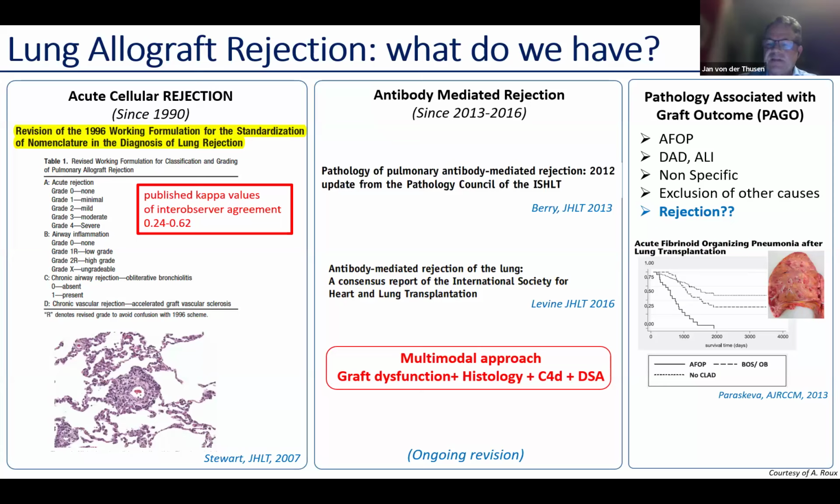And there are other features which may actually also play a role in a patient's likelihood of rejection. So that could be things like acute fibrinous and organizing pneumonia or a diffuse alveolar damage that we see in the specimen, and which may in turn in the future lead to rejection of the organ. That's something that has not been fully crystallized yet, and certainly isn't really in the guidelines at the moment.